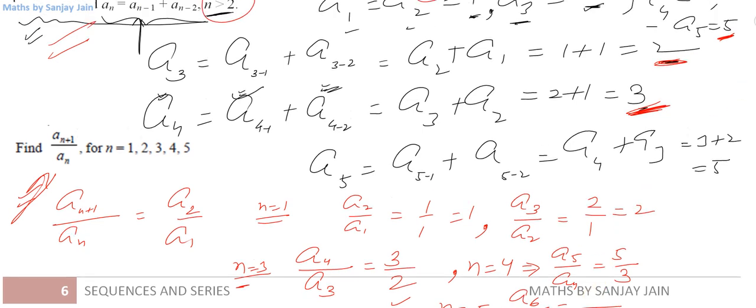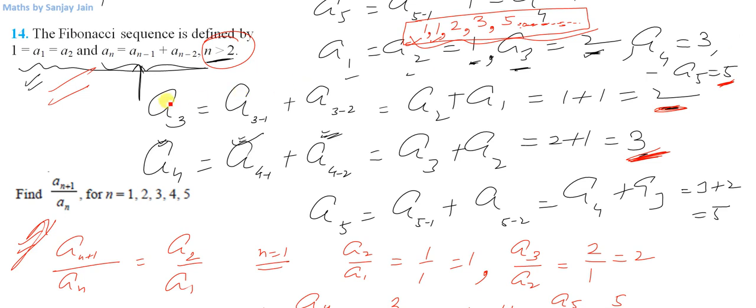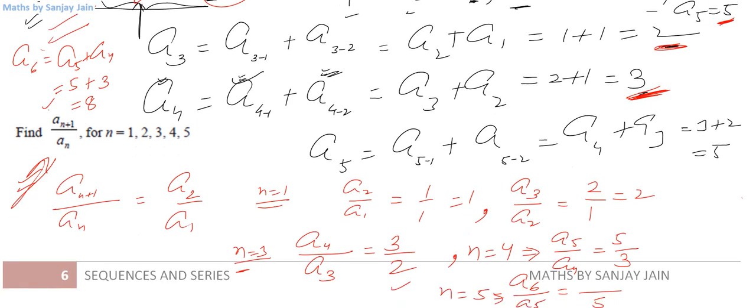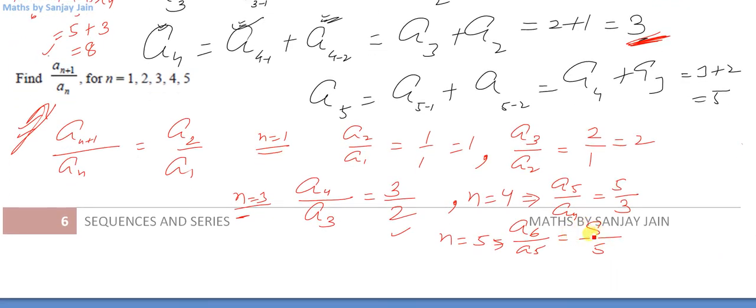So let me calculate a6 also, because I thought this was a separate question, but it is not. So a6 will be equal to a5 plus a4. a5 was 5, a4 was 3, so a6 is going to be equal to 8. So let me replace a6 here with 8. So this will be 8 by 5 here.